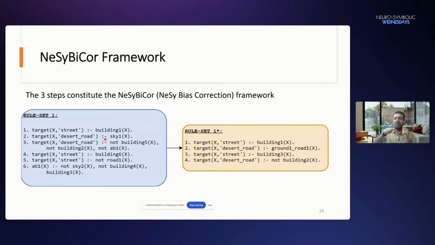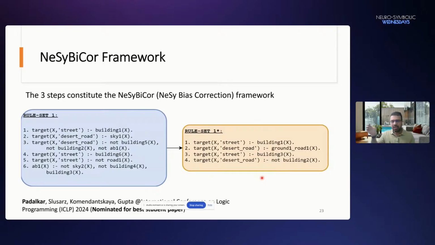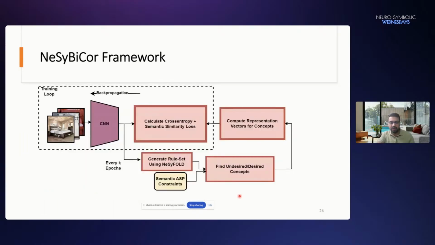So we have penalized the filters so much that it has now forgotten about sky and it has learned the desired concept that we wanted it to learn, which is nice. And now we can be sure that it is not biased towards a concept that we did not want it to learn. This we call the Nessie-Bicor framework or Neuro-Symbolic Bias Correction Framework, and this was published at ICLP 2024.